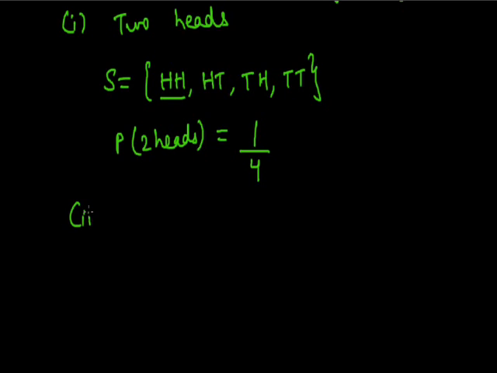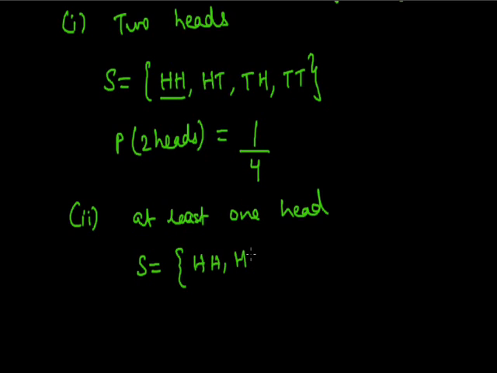Now let's take the second part of this question: we have to find the probability of getting at least one head. Again, as we have tossed two coins, we look at the sample space. The sample space will be head-head, head-tail, tail-head, and tail-tail.